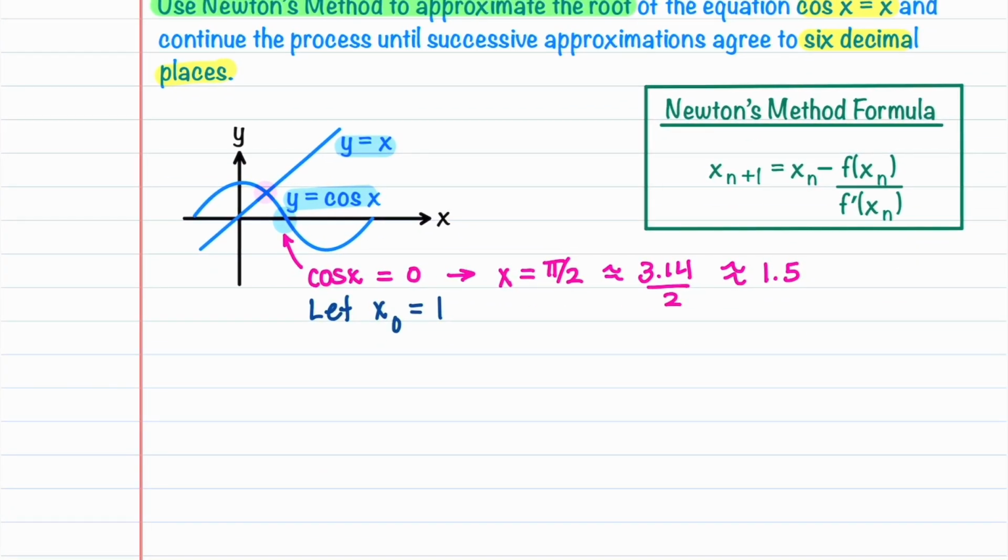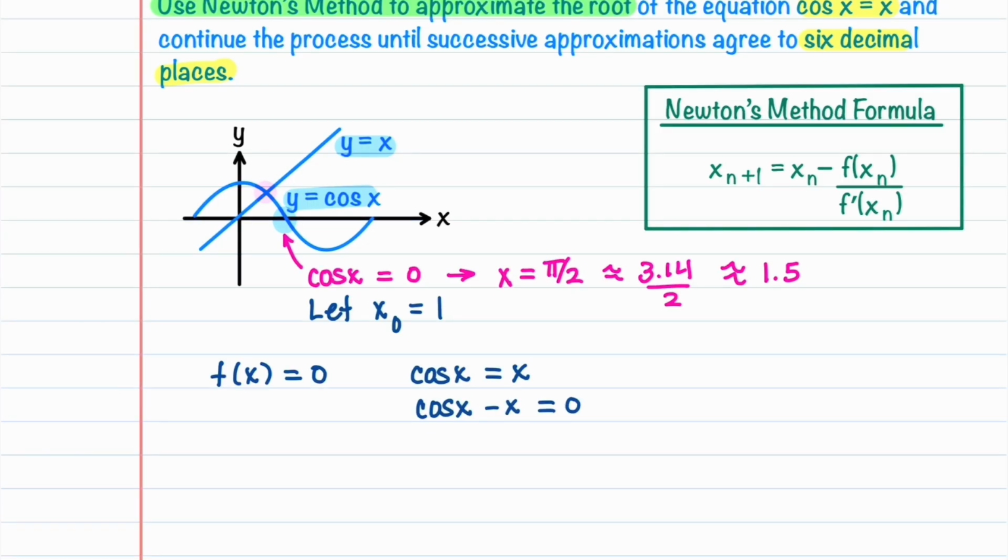Newton's method is used to find an approximate solution to the equation f of x is equal to 0. We are given the equation cosine x is equal to x, and we need to now make our equation look like f of x is equal to 0. So let's bring our x to the left, and we get cosine x minus x is equal to 0.